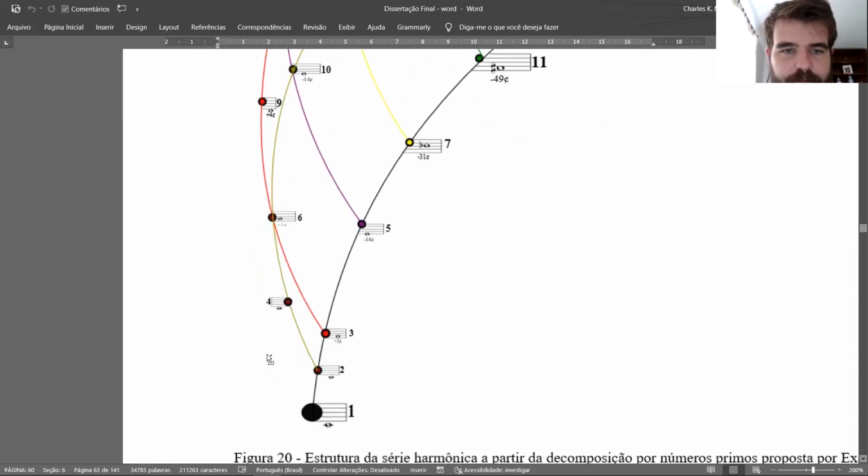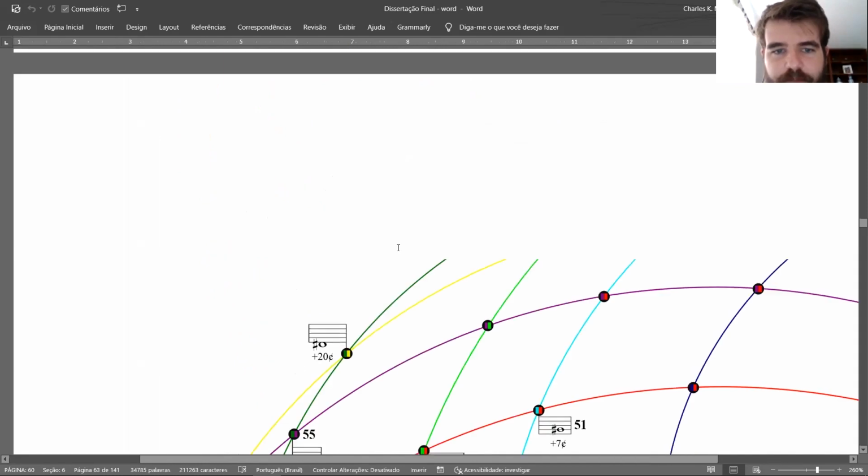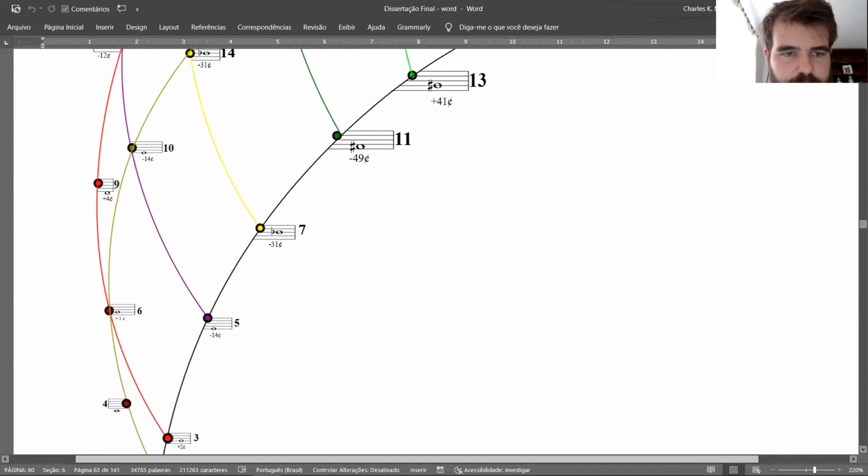You can see that the distance between the 2 and the 3 is the same as the distance between the 1 and the 3.